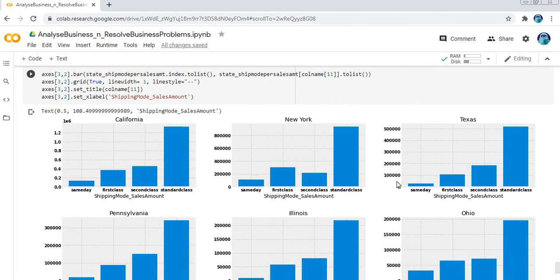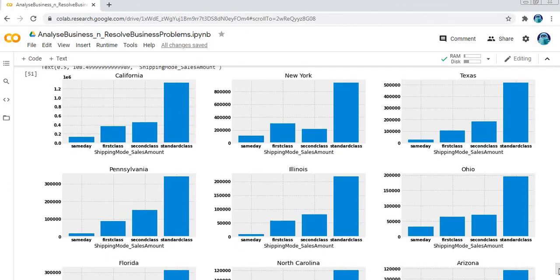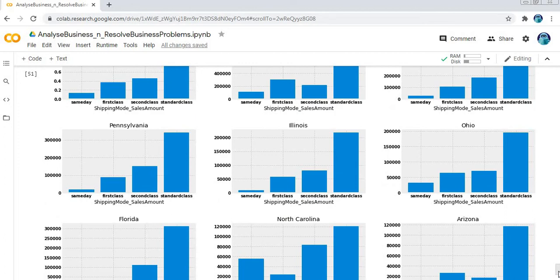This is also in lakhs, but see, they have also used first and second class for such a low value of items delivered. As we move forward, see how these states are performing.